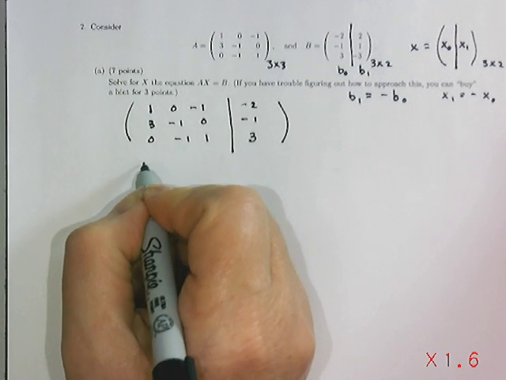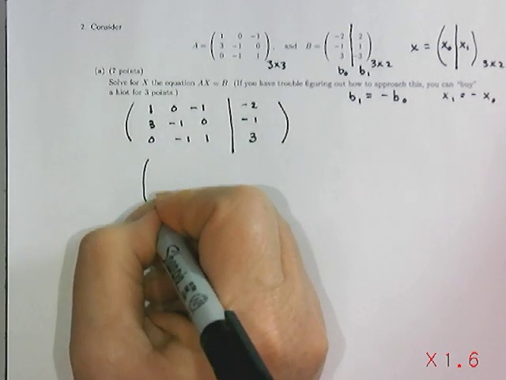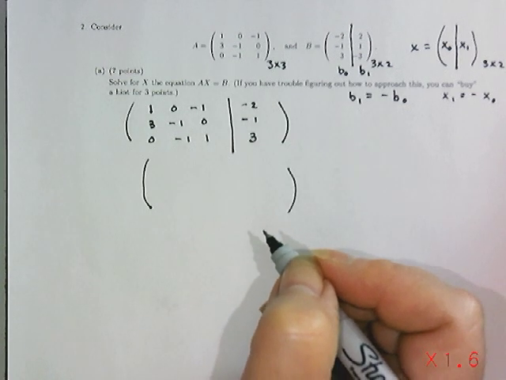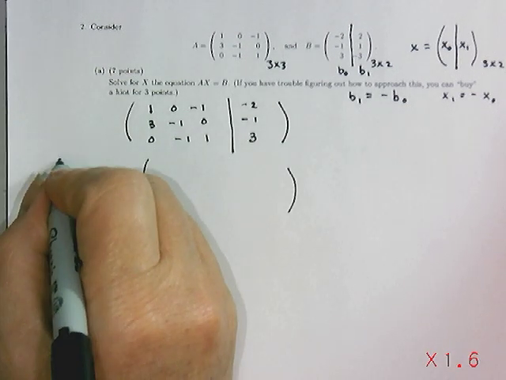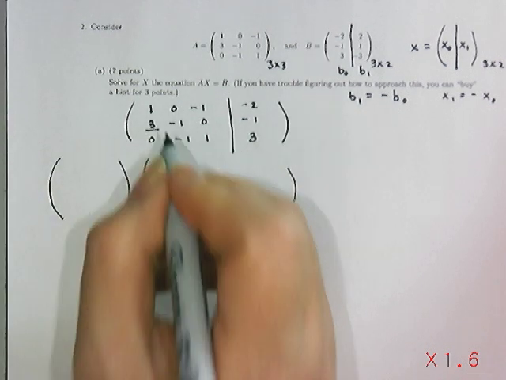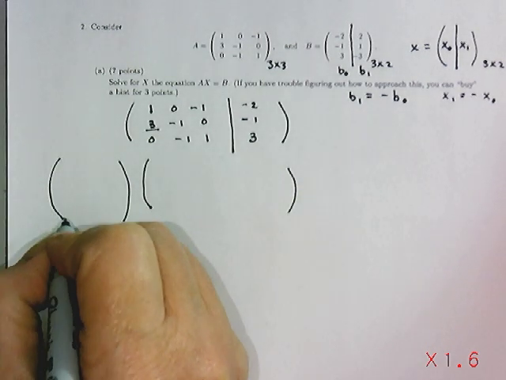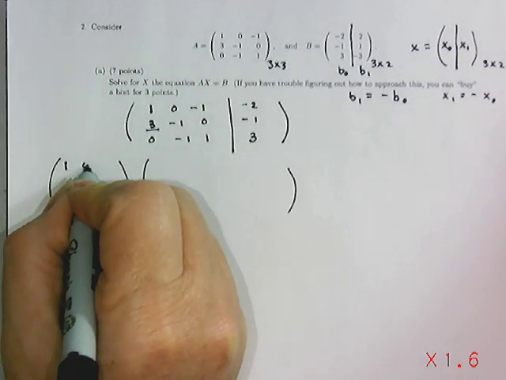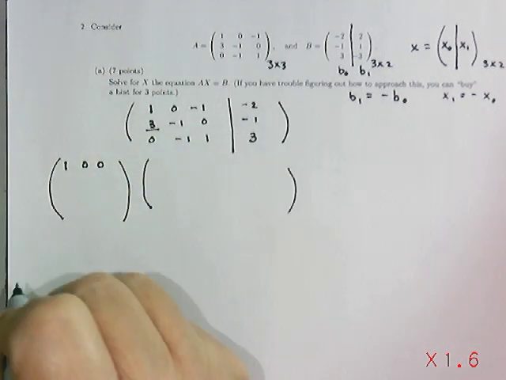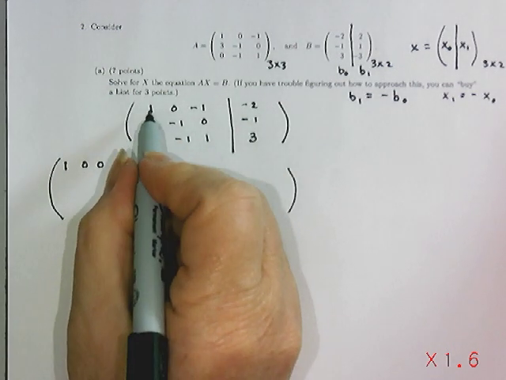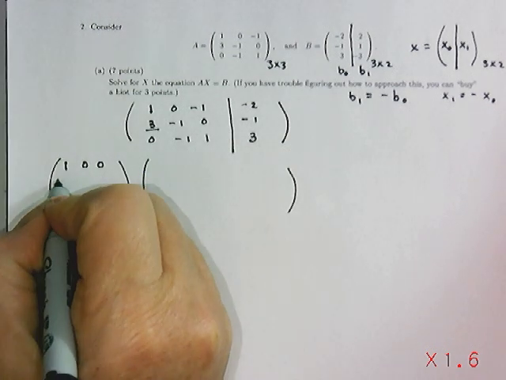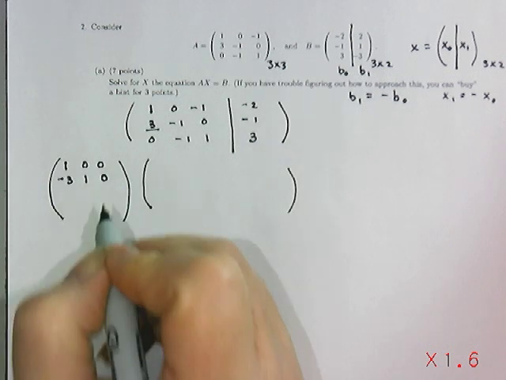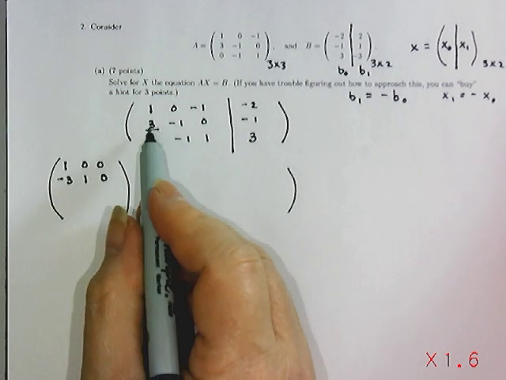So the first thing I notice is what I want to do is zero out the first column here, and in order to do that I need to zero out this 3, which means the Gauss transform to do this will have a first row 1, 0, 0, leaving the first row here the same, but the second row I'm going to have to multiply the first row by negative 3 and add it to the second row in order to zero out that entry.